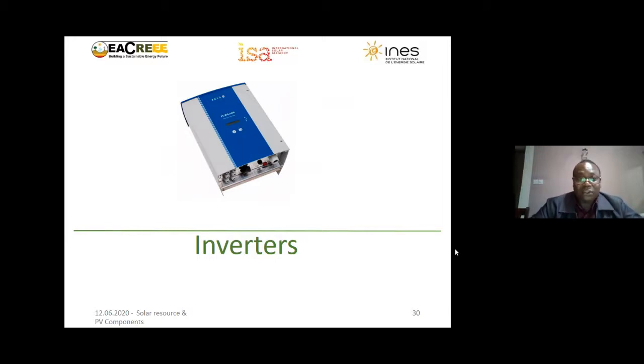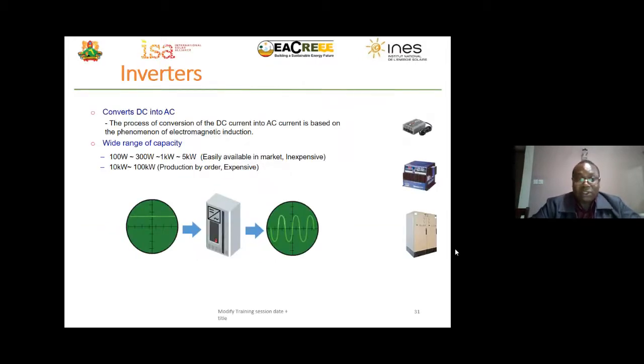As you all know, solar PV systems primarily generate DC current, and also batteries. This gadget is very important in that it can convert the DC current into AC current.